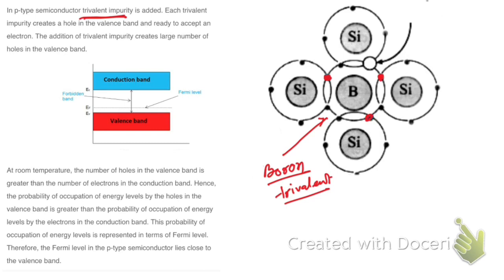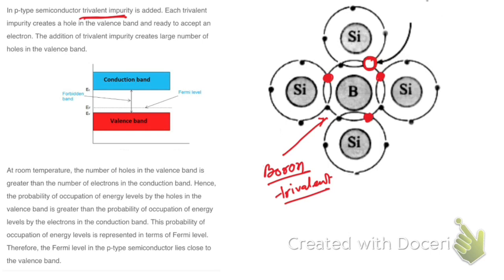So one hole will be left, because boron has only 3 electrons to share with 3 silicon atoms, but to share with the 4th silicon, it has no electron in the valence shell. That's why there will be a hole.